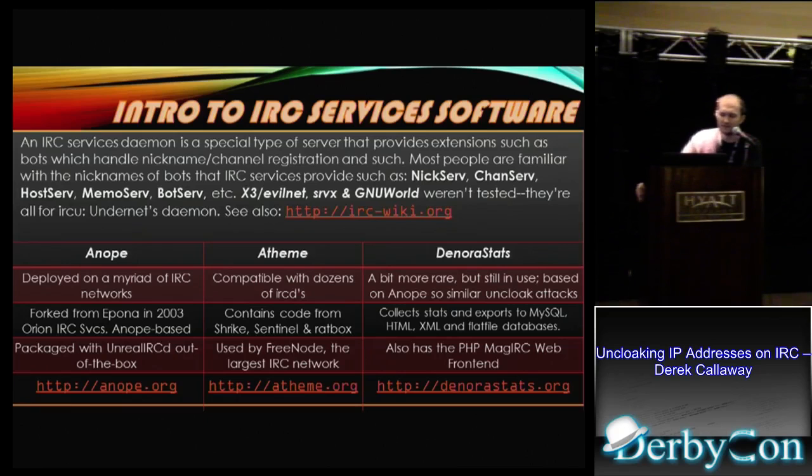Denora Stats is interesting because it has a web-based front end, and one thing I noticed was that if I whois somebody, I could see two octets of their actual address, and then the rest would be a cloak. But if I went on their web-based front end, I could see three octets. So then I had it narrowed down to a /24.